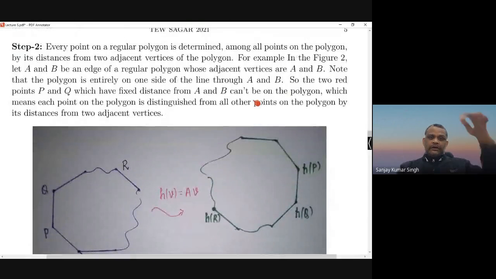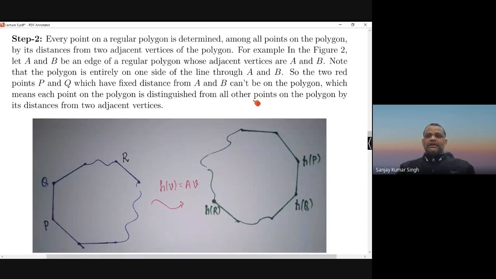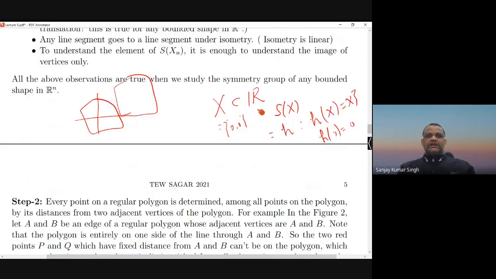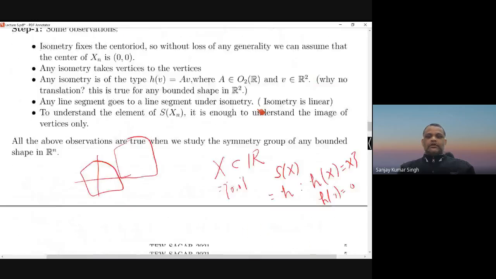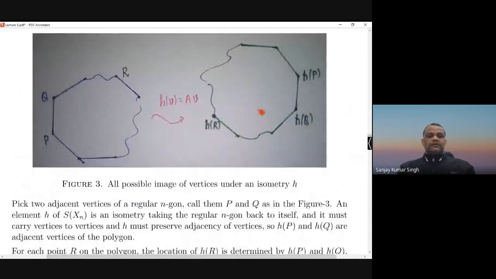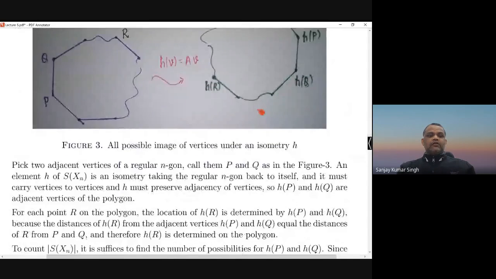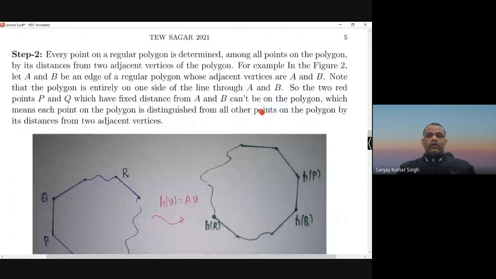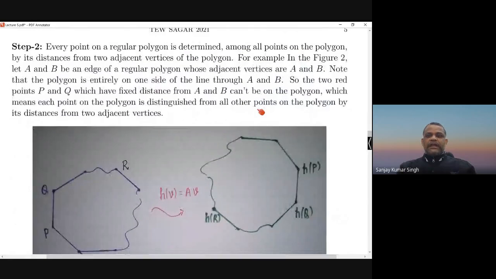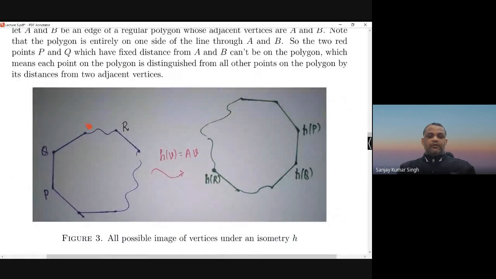So now, for example, in picture 2, which I have already mentioned, this step is again clear. Now what I'm doing, I will take 2 points P and Q on, suppose, this is my object. These curved lines don't mean that it is a curve. It is of course a straight line.